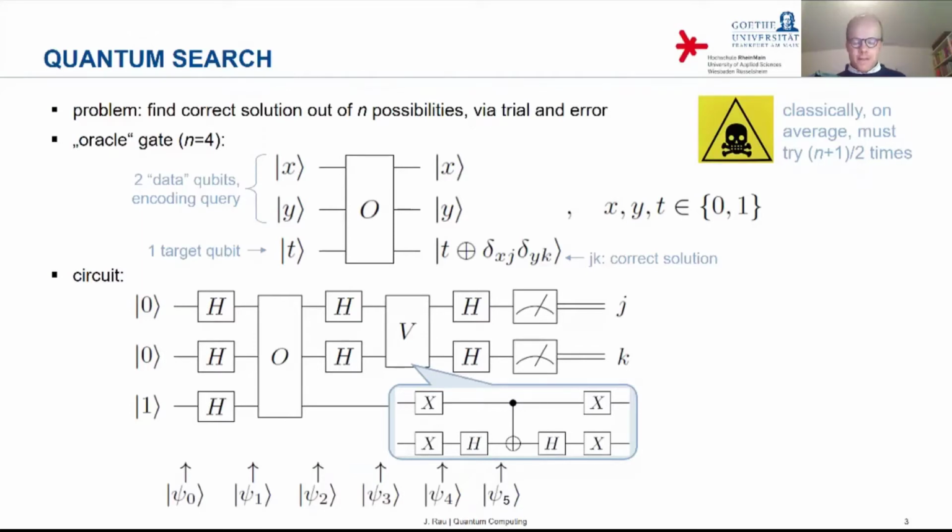Okay, so this is once again the circuit, and we showed that indeed with one run, and in particular one query to the oracle, you can immediately find out the correct solution.